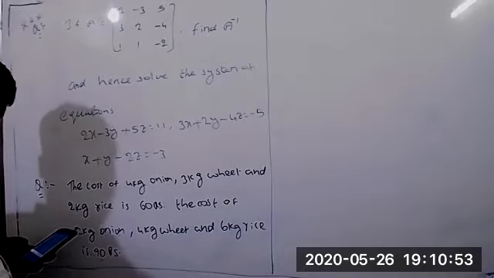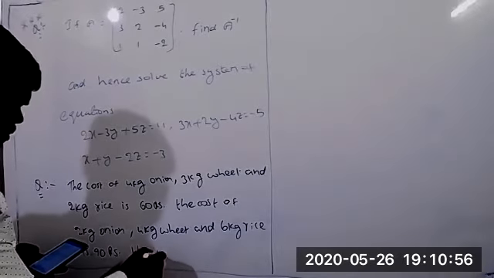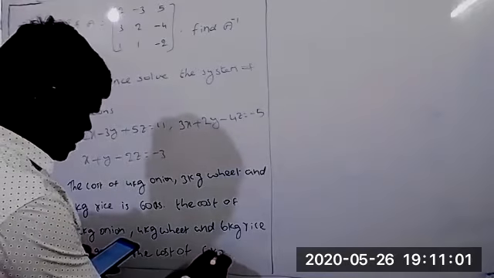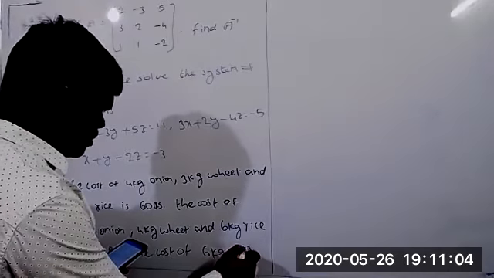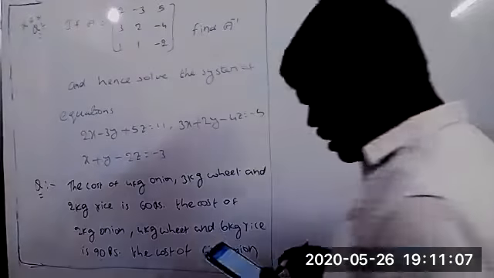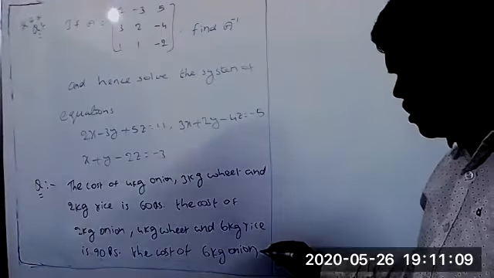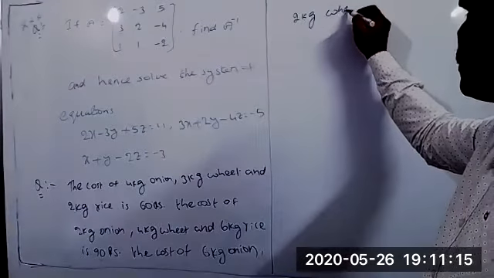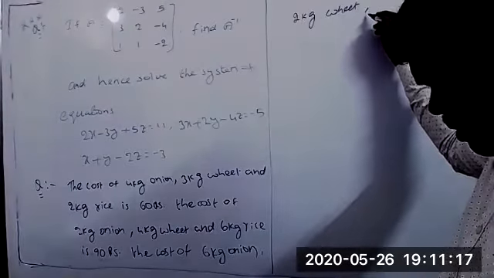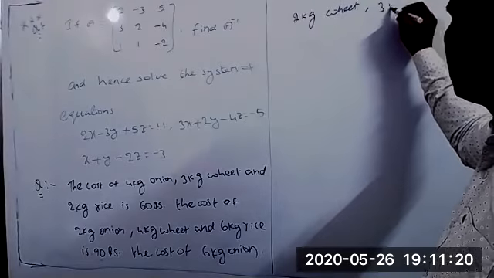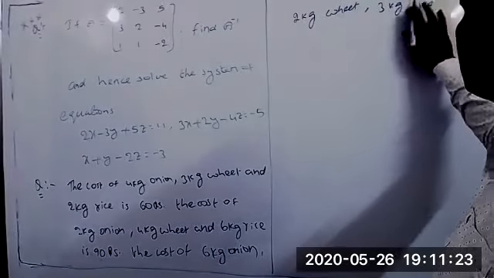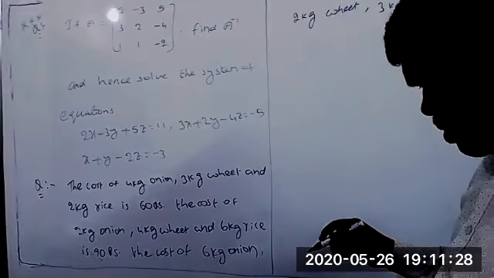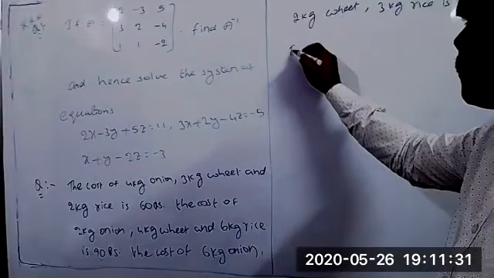The cost of 6 kg onion, 2 kg wheat, and 3 kg rice is 70 rupees.